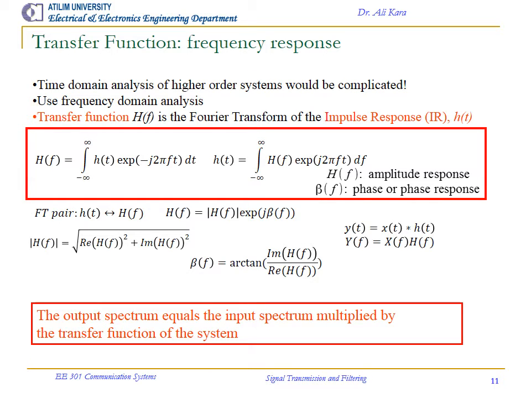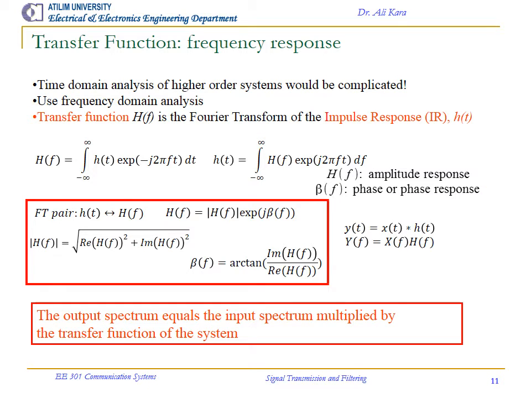Capital H of f is equal to the integral from minus infinity to plus infinity of h of t times exponential of minus j2 pi f t, integrated with respect to t. Similarly, h of t is the integral from minus infinity to plus infinity of capital H of f times exponential of j2 pi f t, integrated with respect to f. So h of t and capital H of f form a Fourier transform pair.